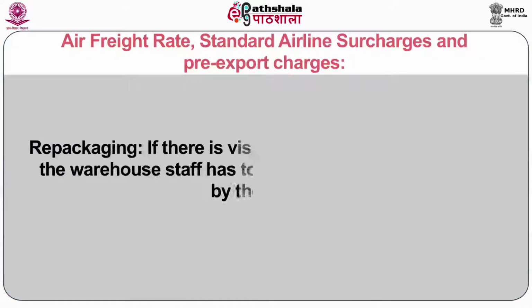Screening or X-ray charges. Each forwarder has its own tariff. Security regulations for air freight are very strict. Handling. The freight has to be stored in the warehouse, checked, labeled and tendered to the airline, usually as a single price and not a per kilo price. Repackaging.